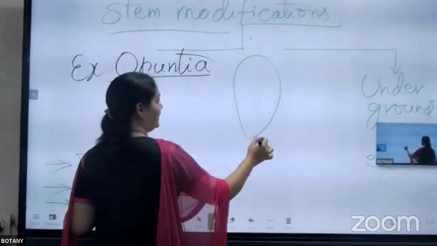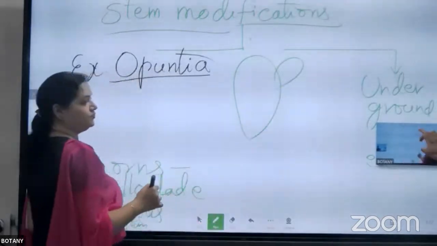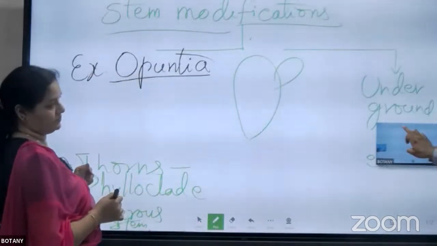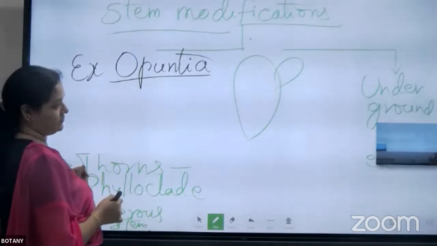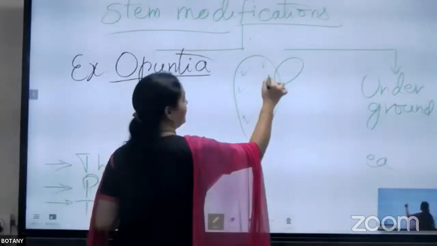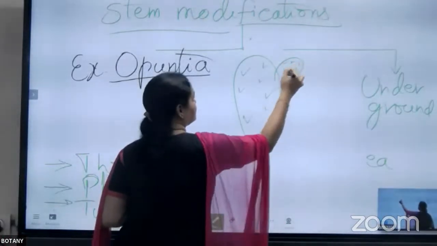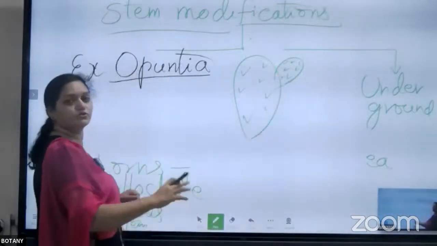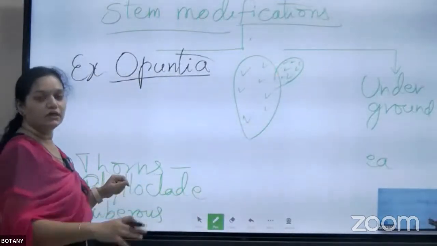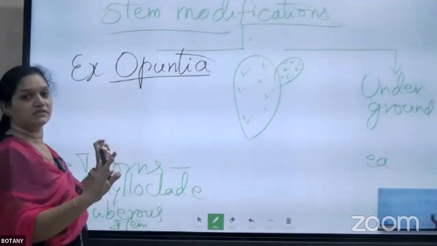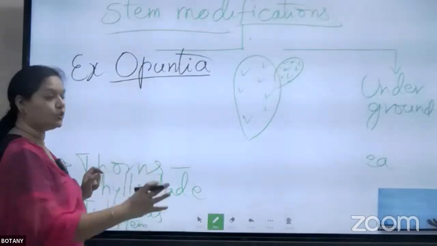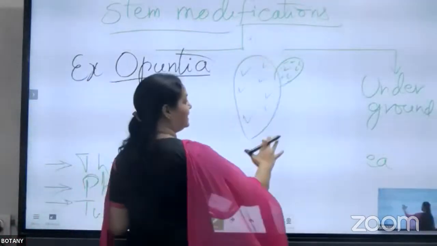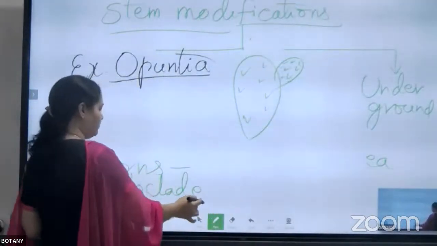In this, the complete stem modifies into a green flattened cushion-like structure. This sentence as it is, we have to write. That's it, no changes. No other sentence for this. Entire stem, that is the complete stem, modifies into a green flattened cushion-like structure. That is called the phylloclade.